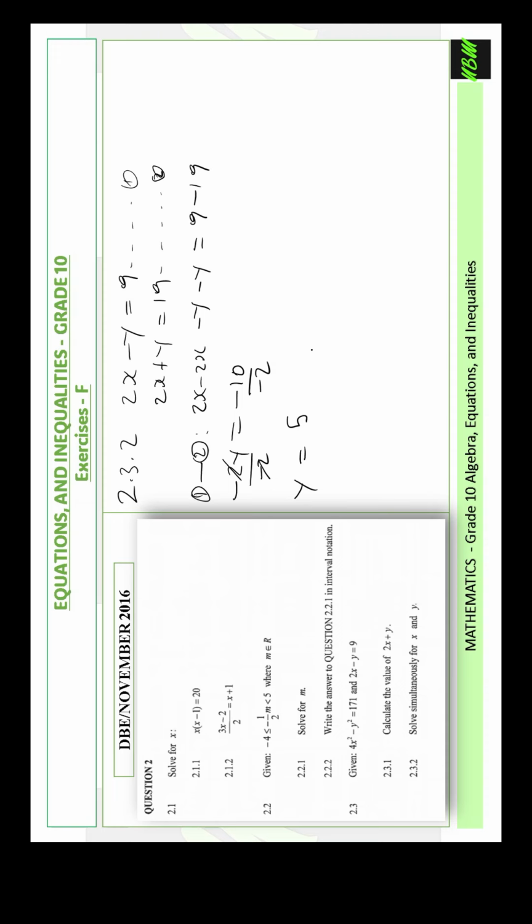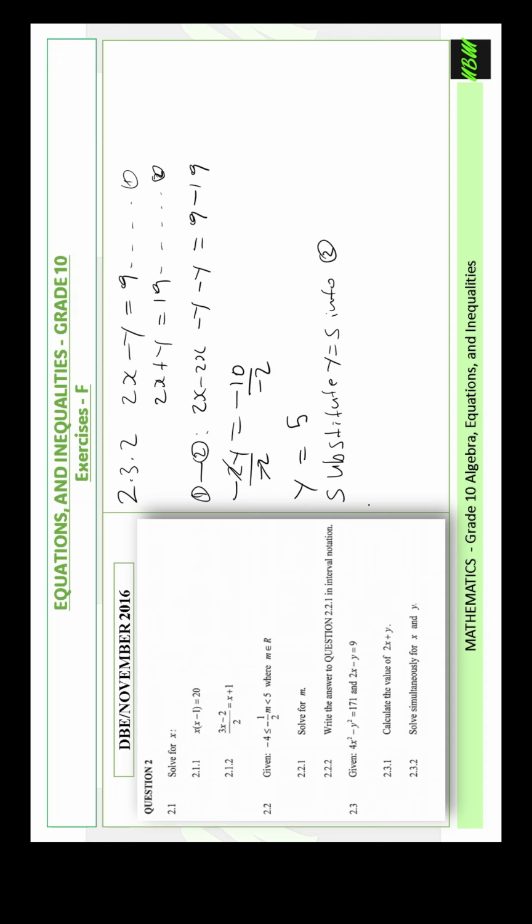Then after finding one value, what do we do? We substitute it into one of the equations. Now we are saying substitute y is equal to 5 into which equation? We can take any equation. So let's take equation 2.